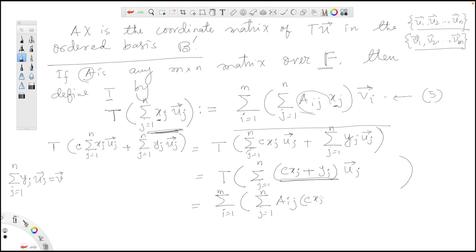So cxj plus yj, right? That's the xj here. I close the bracket and then I have to put vi vector. Is that correct? Right. Now I have to separate, distribute this sum into two parts, and let us bring this C outside.